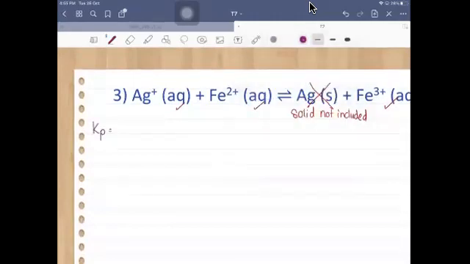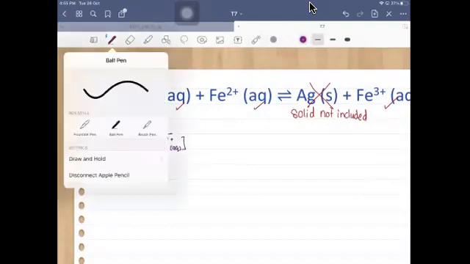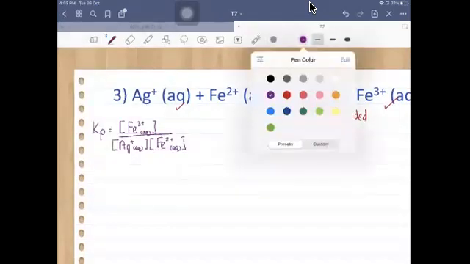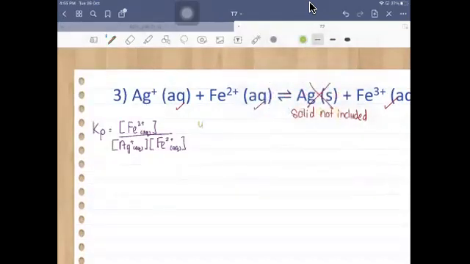Kp is equals to concentration of products, in this case, only one product, over the concentration of reactants. I make it a habit, especially for your notes, to write down the state symbols, okay? Working out units, so that's done. Everything is to 1 mole.